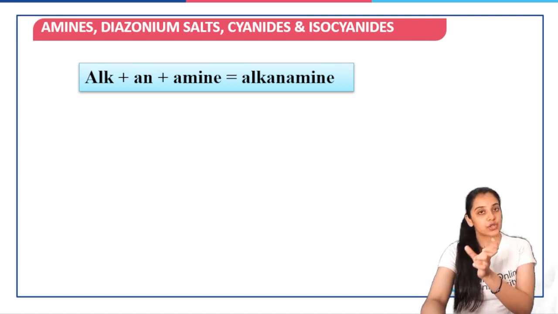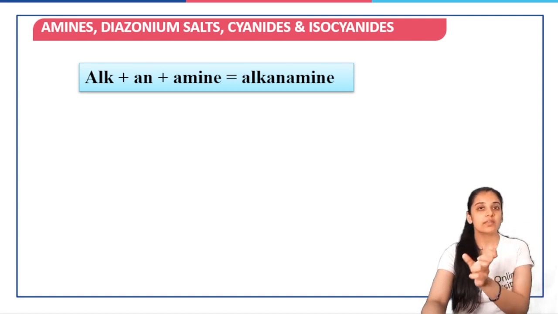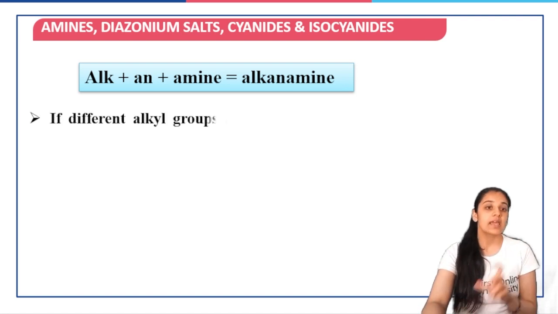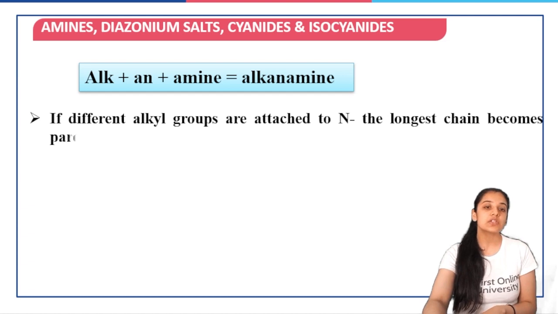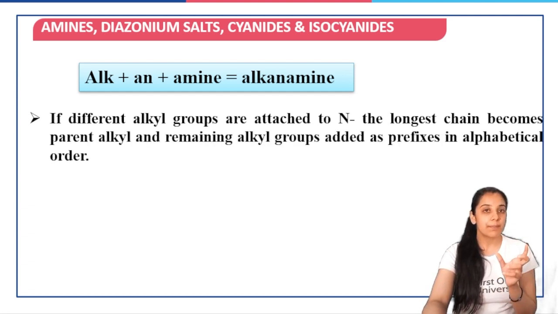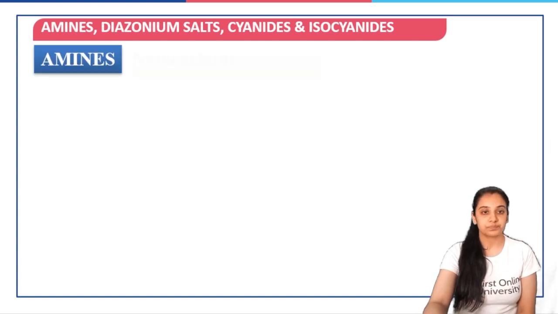So how are we actually naming it? The E of alkane is replaced with amine, so alkanamine. If different alkyl groups are attached to the nitrogen atom, the longest chain becomes the parent alkyl, and the remaining alkyl groups are treated as prefixes, in alphabetical order.